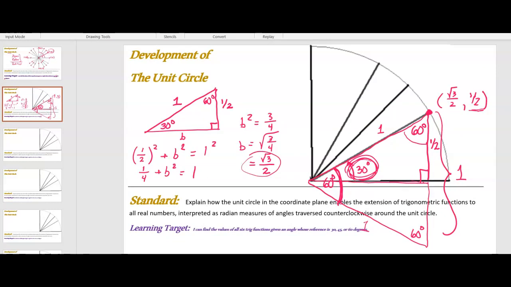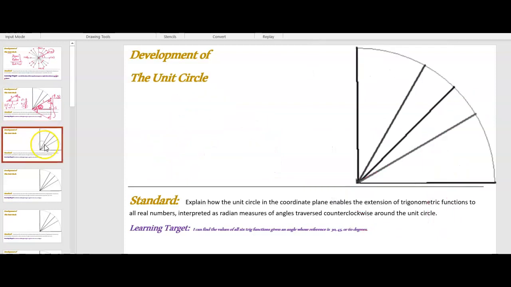Okay? Now, I'm going to leave this alone for now, and we will come back to it later, but the most important thing about this is 30 degrees correlates to that point. Okay? Now, second proof. Now I'm going to bypass 45 degrees, we're going to come back to 45 degrees.